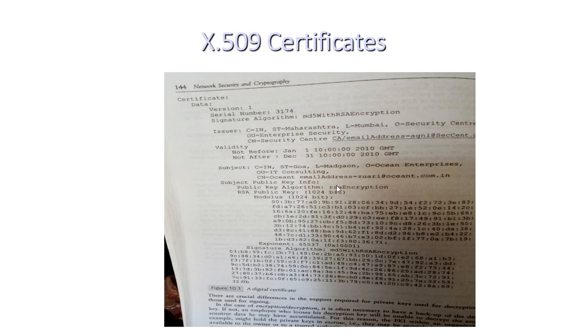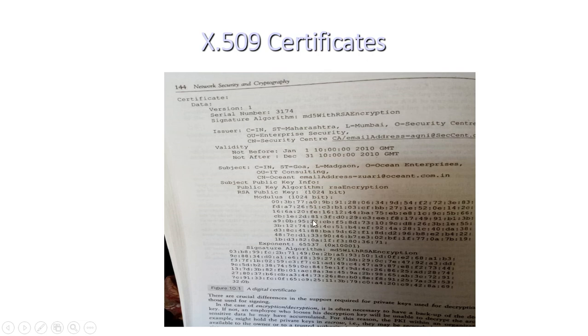This is the diagram given in your textbook. So this gives us an idea about how the X.509 certificate looks like. So this is the version and this is the serial number and this is the signature algorithm which indicates that the algorithm used for signature, that is the MD5 algorithm, is used with RSA encryption. This is the issuer name, country India, state Maharashtra, etc. This is the valid period, subject's name, country India, state Goa, etc. And this is the public key information.